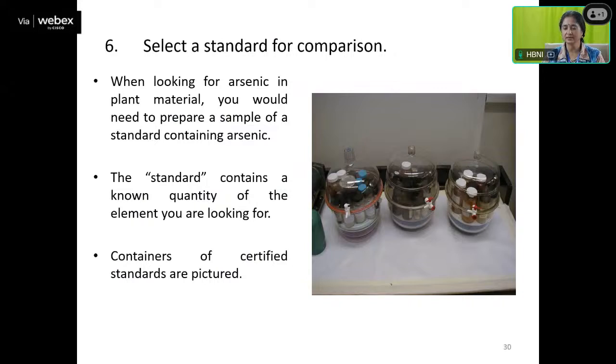Now select a standard for comparison, because if you want a comparative method, you have to take some standard also. Since it is a plant sample, you have to take some plant-based standard, and you may take a certified reference material also. These are the various standards kept in a desiccator.